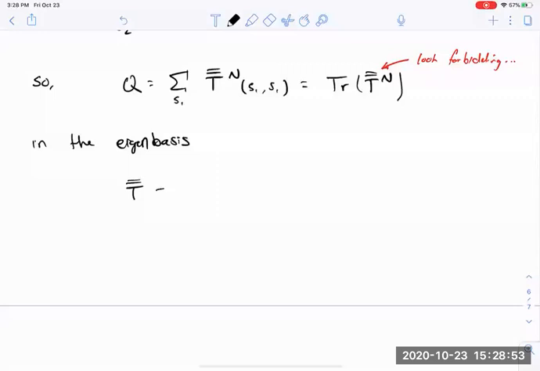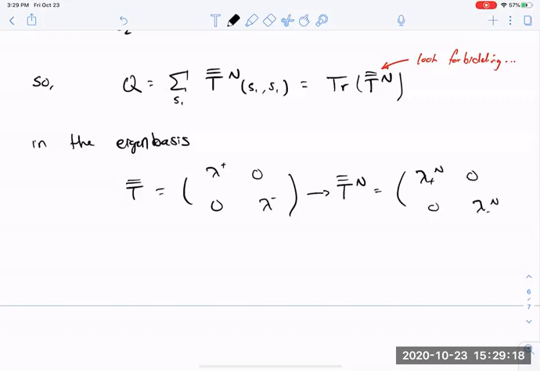So written in a basis that diagonalizes T, we would have some eigenvalue lambda plus, some other eigenvalue lambda minus. Raised to the n, that is just n factors of lambda plus and n factors of lambda minus. A trace would then just be the sum over those two.